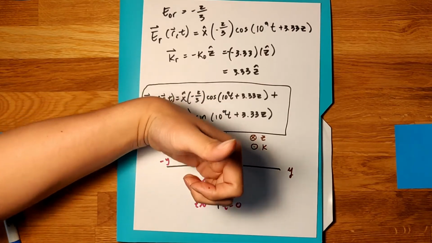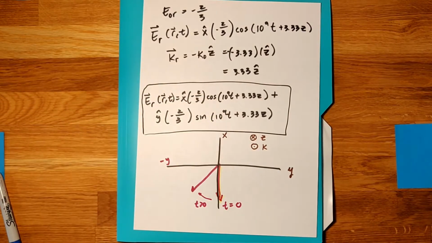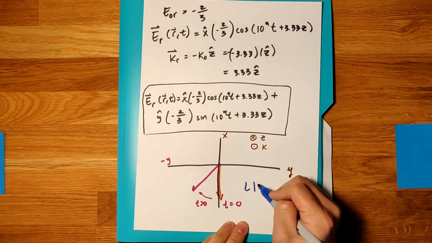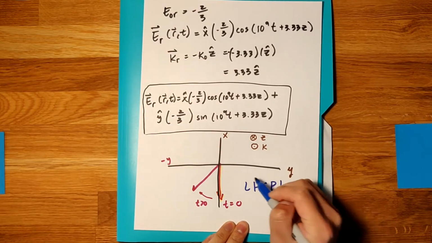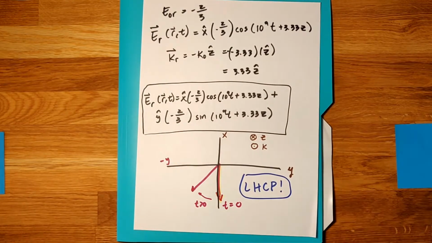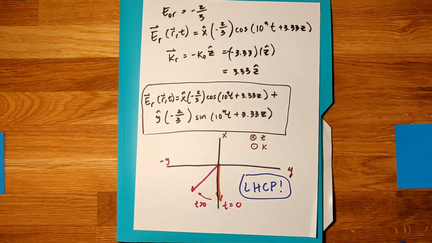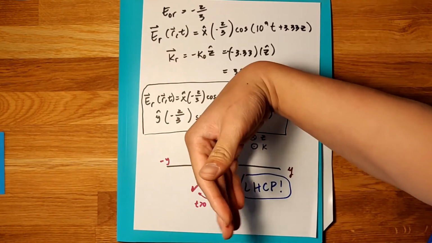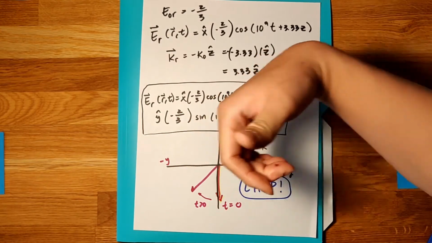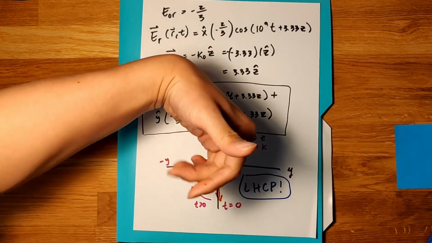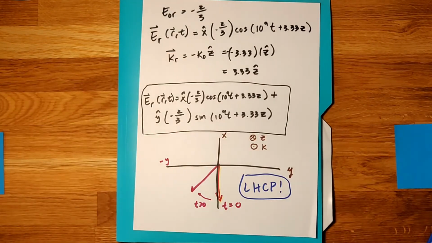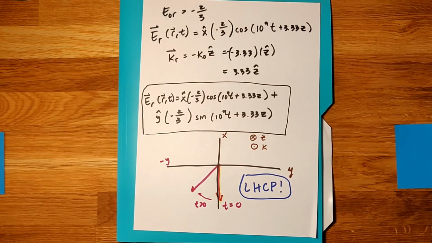And yes, it's definitely going to be a left hand, which means that this is a left hand circular polarization. So again, you can just check by using your right hand or left hand. Our right hand did not work in this case because it's curling the wrong way, but our left hand works. So that means it's a left hand circular polarization.